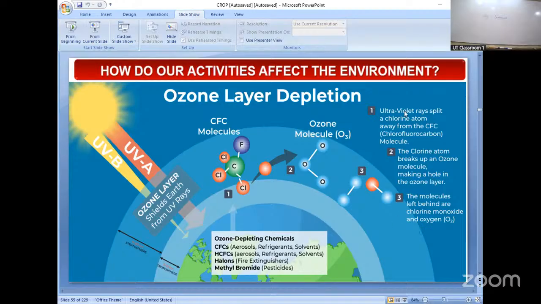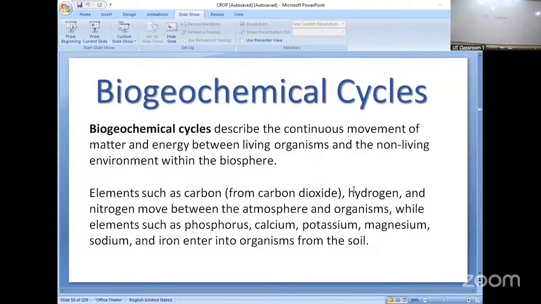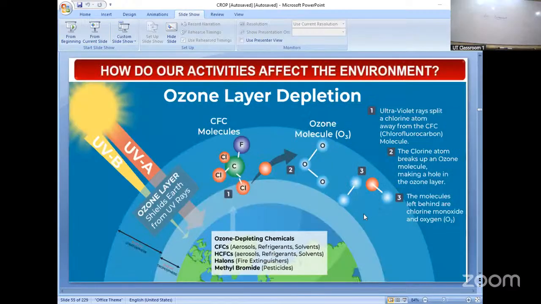When ultraviolet rays split the chlorine atom, it also breaks the ozone molecule, and it forms a thin layer, a hole in it. The oxygen molecule gets separated and the chlorine monoxide gets separated, and this forms holes in the ozone layer, which is very harmful for the earth.